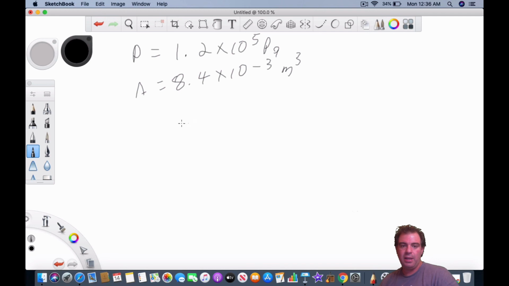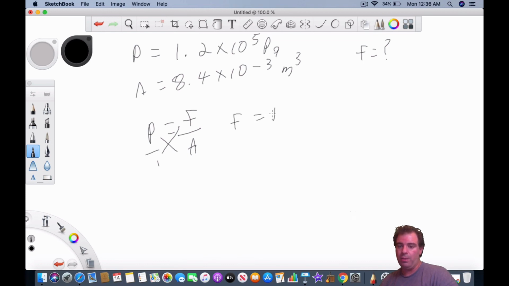They're asking us now to find what the force is. So we are simply going to take our formula. We said pressure is force divided by area, and we cross multiply to solve for force.